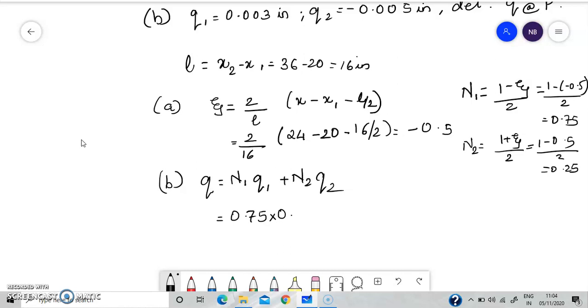We also know the values of q1 and q2. So the displacement at P is 0.001 inch.